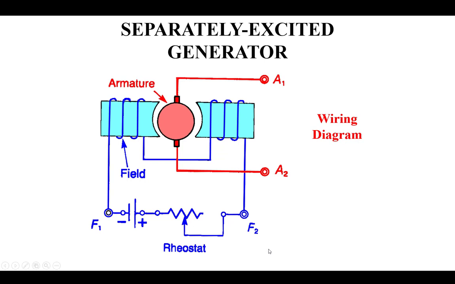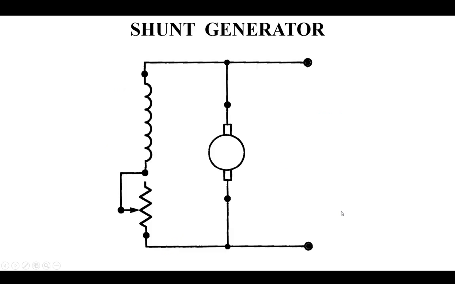This is what it might look like. Notice that I've got just one conductor for my fields. Turn one way for north, turn the opposite way for south. And I control the strength of the output by controlling the current in the fields.